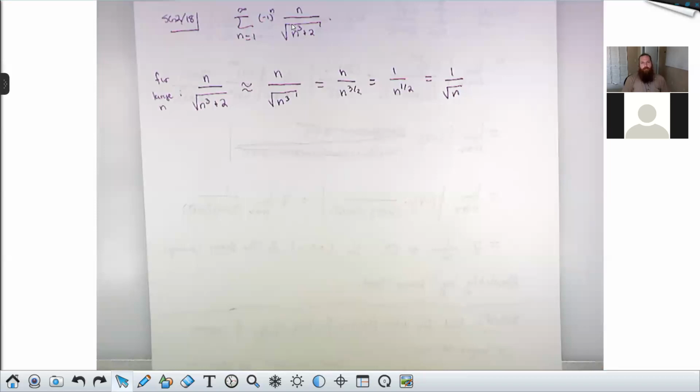You need faster growing stuff. The ratio test isn't sensitive to slow growing or slow decaying stuff. It's only sensitive to really fast growing and fast decaying stuff. Since this is an algebraic function of n, no parts of it grow or decay fast enough for the ratio test to be able to pick up on what's going on here.